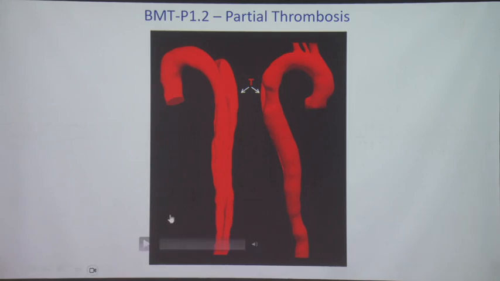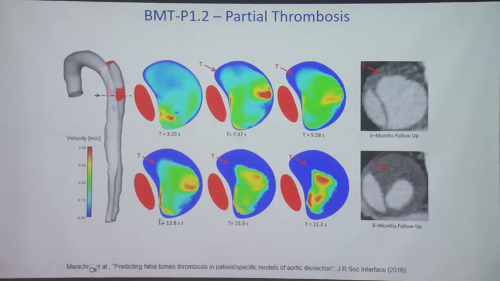Does it show anything? No. Oops, sorry. Somehow that animation doesn't play, but it does show that in the simulation the surface slowly dents in, because the thrombus formed, and that agreed pretty well with the observation.